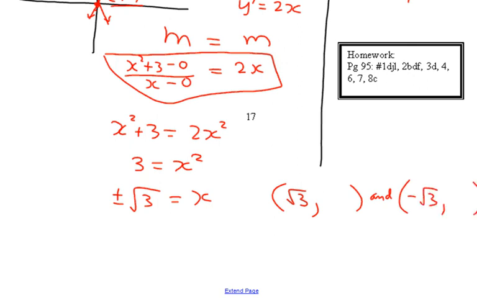How could I find the somethings? Plug into the original equation, so let's do that. And believe it or not, both of these y-coordinates are identical and rational. Even though x is irrational, which it can be at times, y is rational.